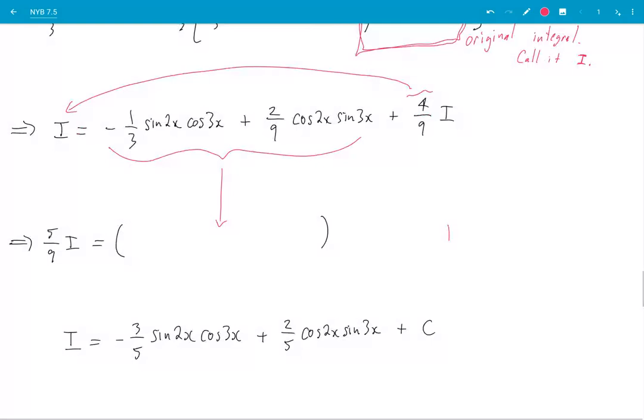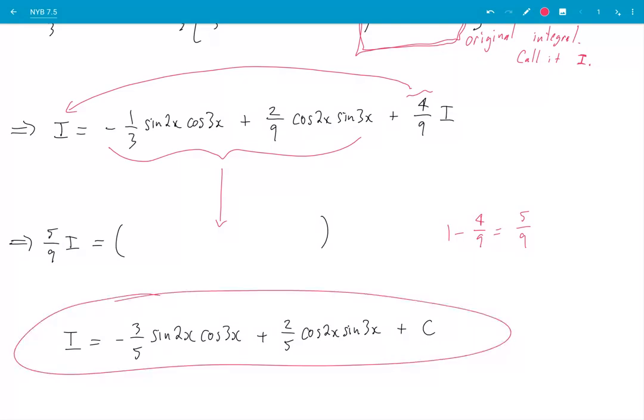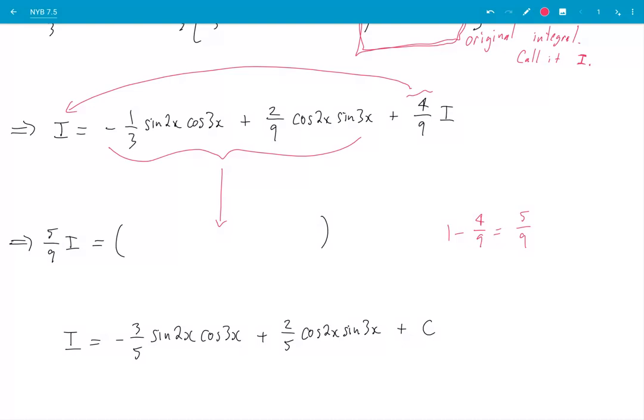So you get 1 minus 4/9 is 5/9 on the left-hand side. And then to get this line here, I'm just multiplying both sides by 9/5. And that clears this fraction here.